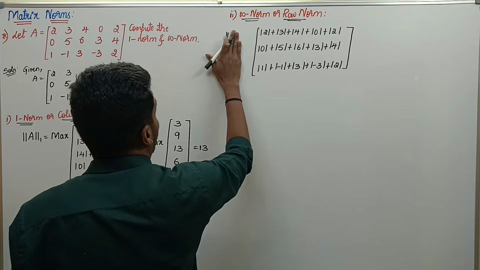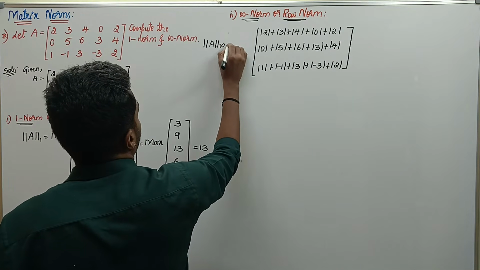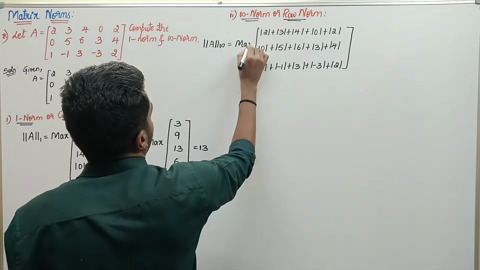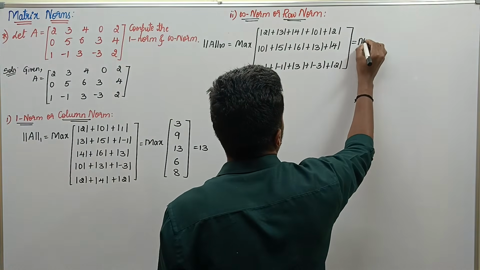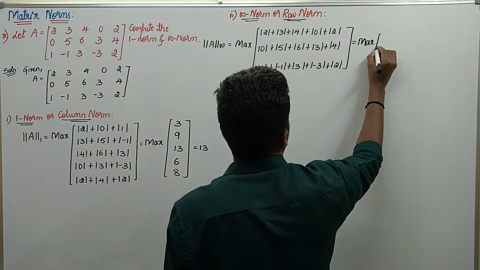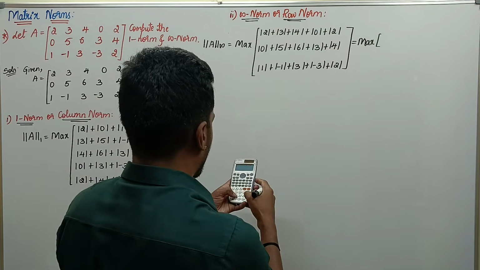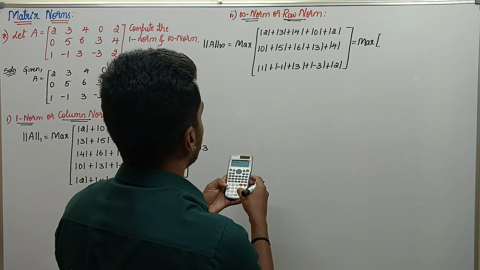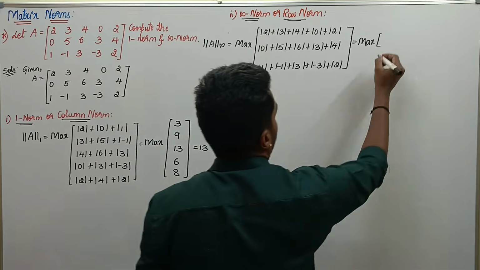You are supposed to represent the maximum. Norm A infinity equals the maximum. Since we are adding row wise, I am going to represent the maximum with respect to rows. First, let us add the terms. First, 2 plus 3 plus 4 plus 0 plus 2, you get 11.